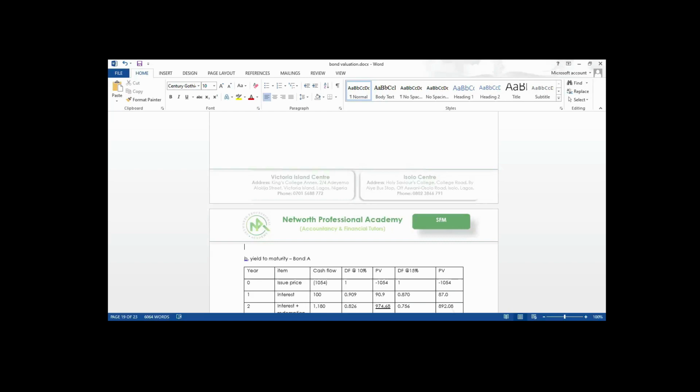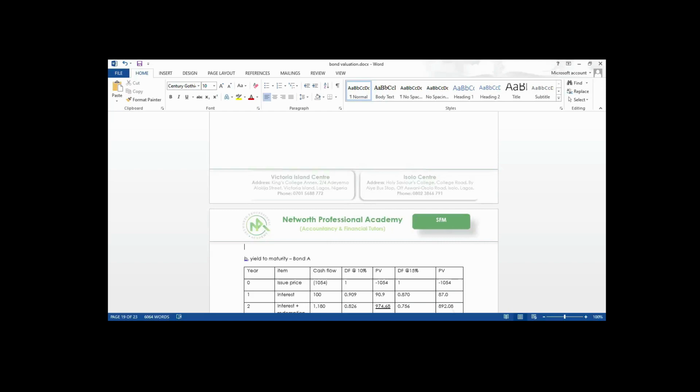Yield to maturity is to bond what internal rate of return is to capital projects. Does that make sense, please? Yes, very well. Thank you very much.